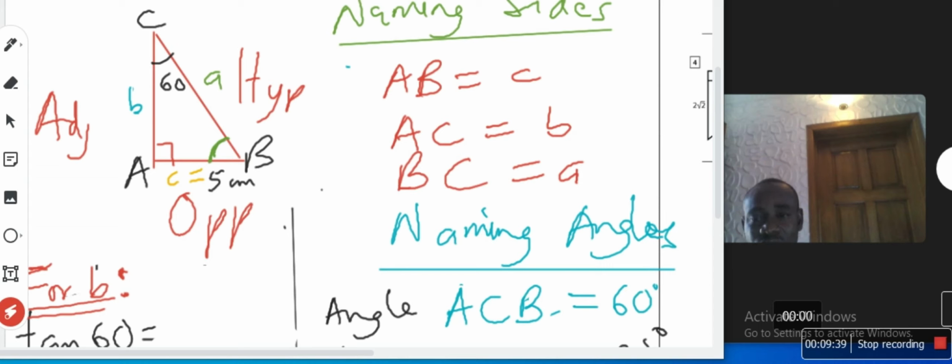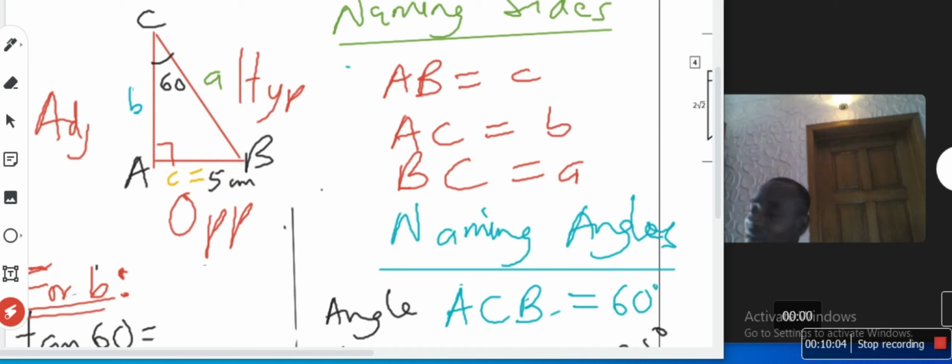I should repeat the other one I did so that you get it. When I was naming these 60 degrees, I called it ACB. Just name 3 letters so that the letter for that angle is at the center.